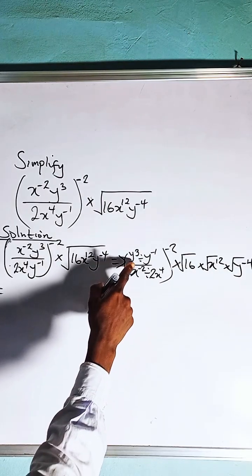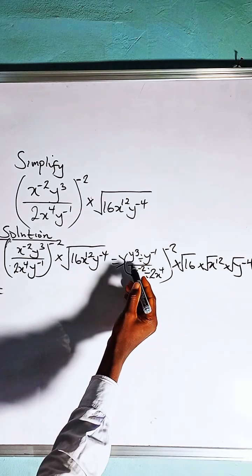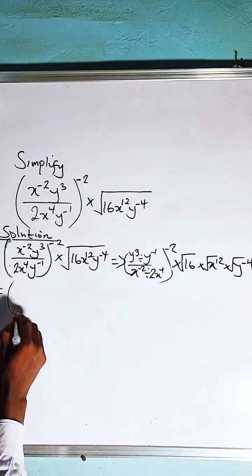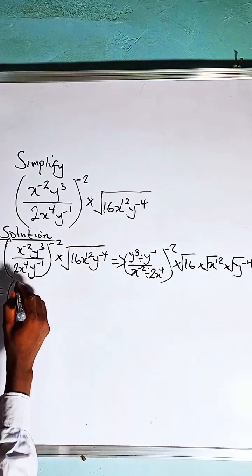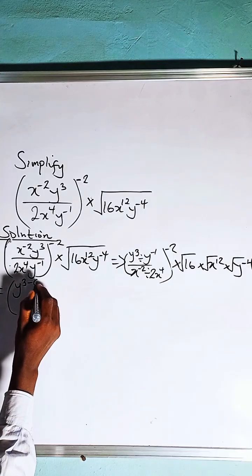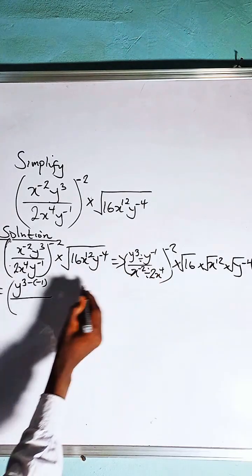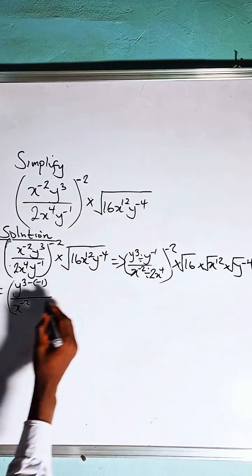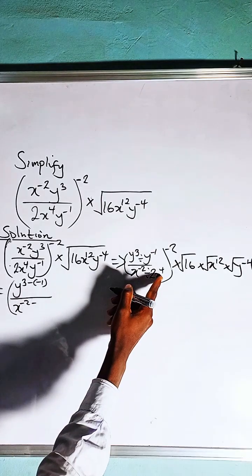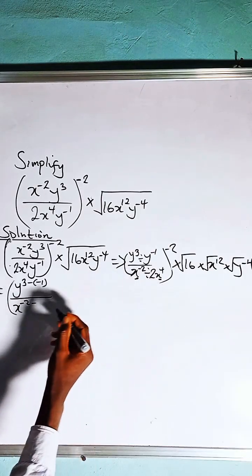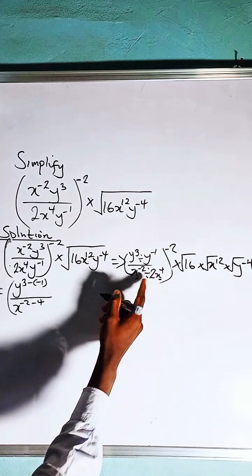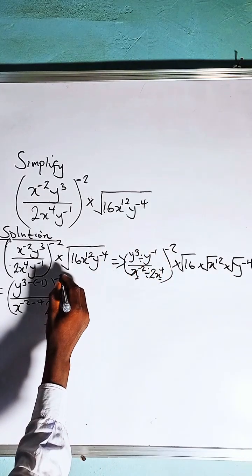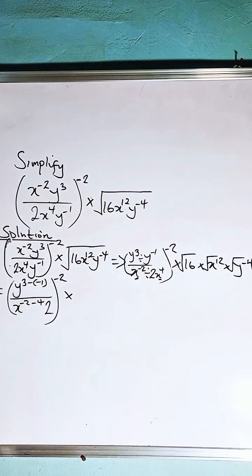For y to the power 3 divided by y to the power minus 1, we can easily apply the law of indices when dividing the same base: we pick one base and subtract the exponents. For x, we take x to the power minus 2 and the x to the power 4 together, so minus 2 minus 4.